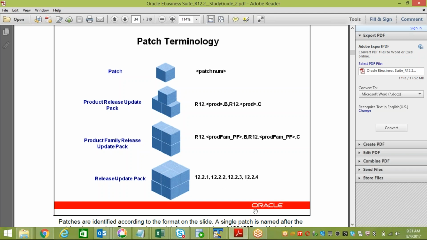If you want to update a bug fix or a single new feature, we call it a patch. A combination of one-off patches we call a mini pack, a combination of mini packs we call a family pack, and a combination of family packs we call a maintenance pack.